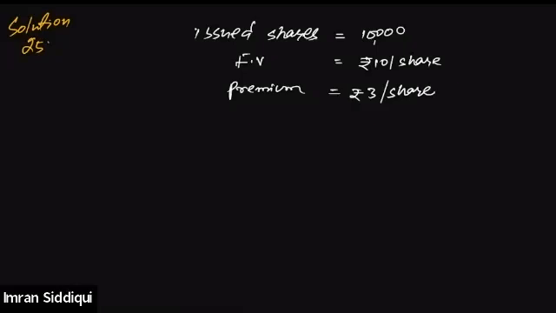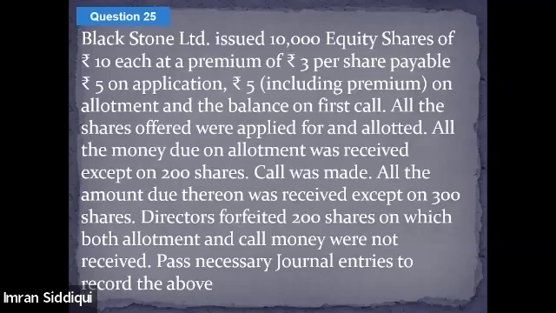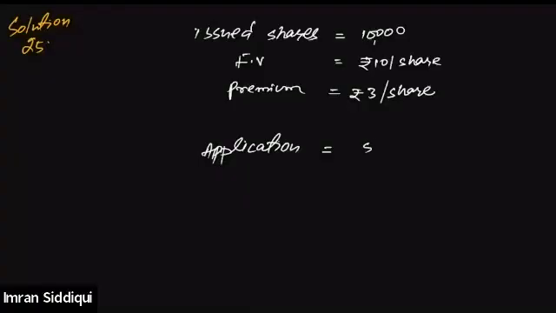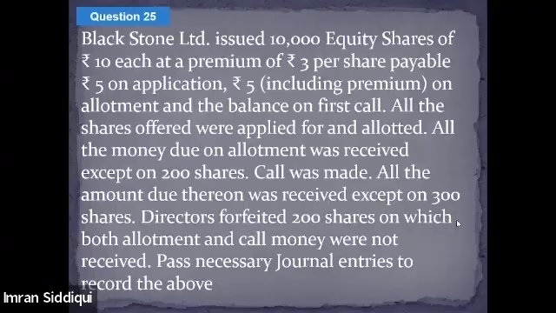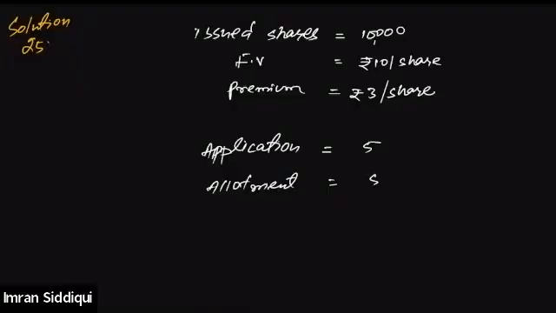Is that clear? Now the question says that the company has decided to raise this amount in the following manner. The company will be raising 5 rupees on application. The company wanted to raise 5 rupees on allotment, including premium.